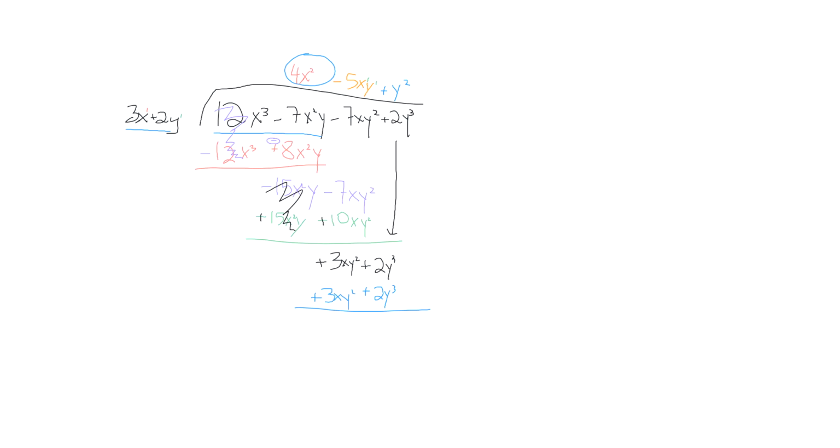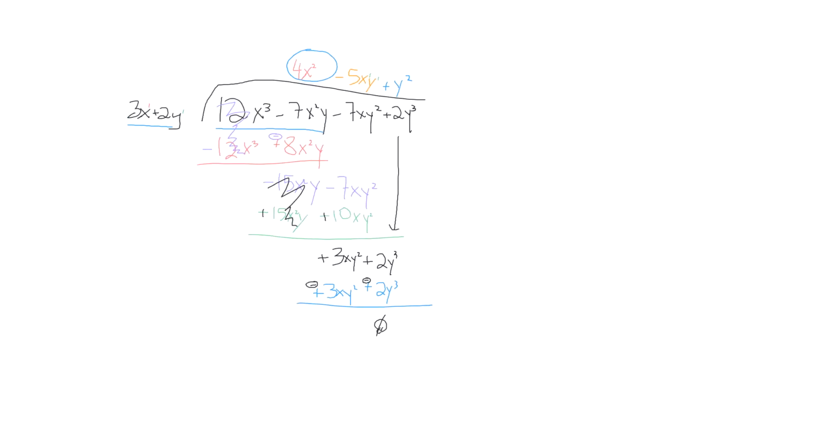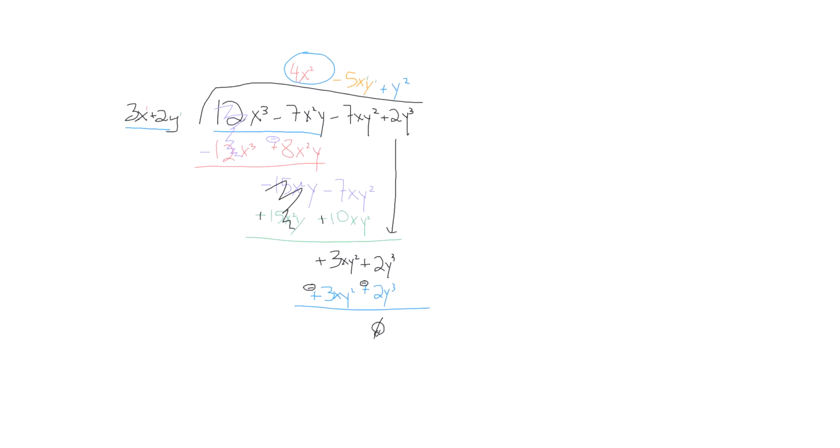I'm going to change the sign of every term on the bottom. This is now a minus. This is now a minus. 2y cubed minus 2y cubed, nothing. 3xy squared minus 3xy squared, nothing.